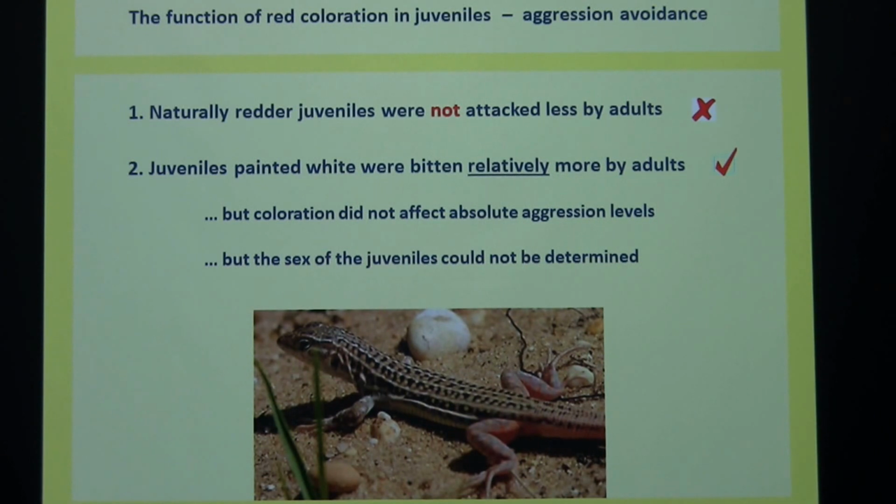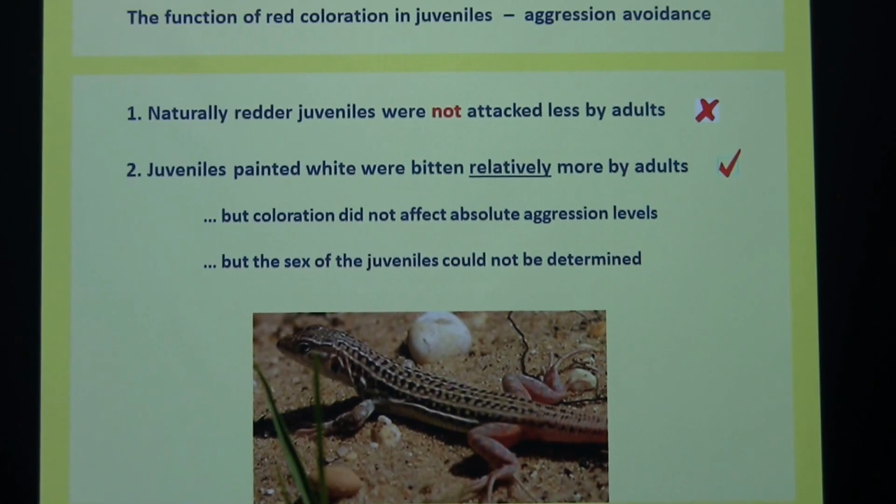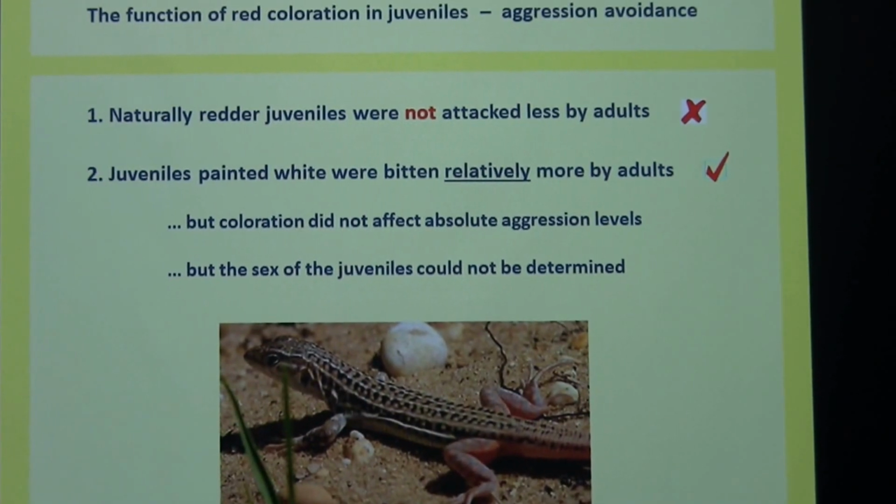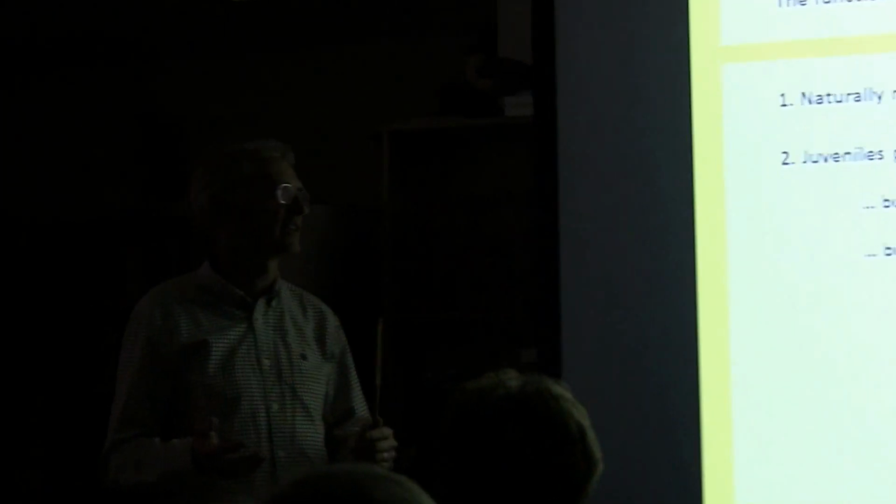However, small variations in the expression of the color don't have any further effect. That means that the red coloration is indicating sexual immaturity or subordination, but it doesn't really matter if the red color is more or less intense.